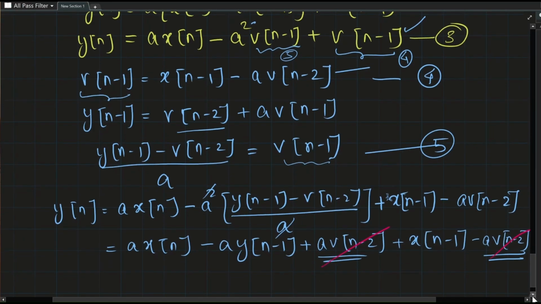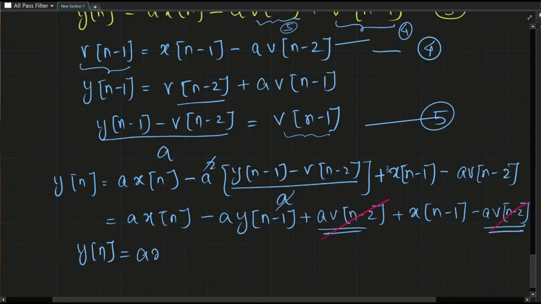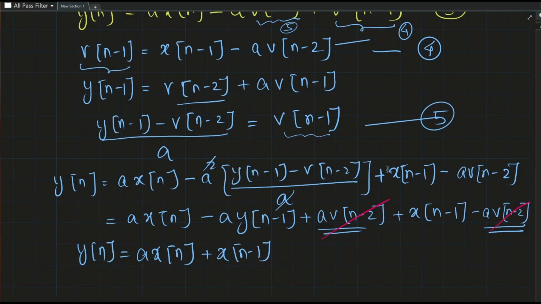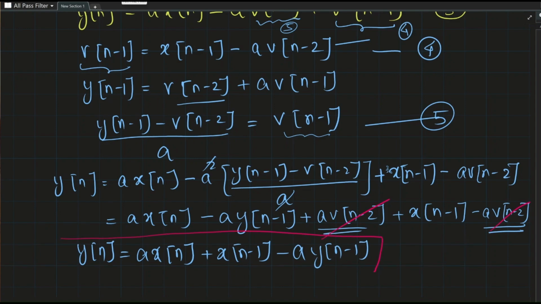So what I'm left with is this. yn is equal to a xn plus xn minus 1, the delayed copy of the input signal, minus a multiplied by the delayed copy of the output signal. So this is the difference equation.